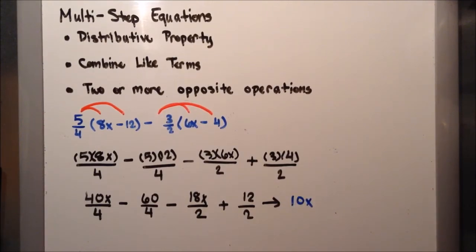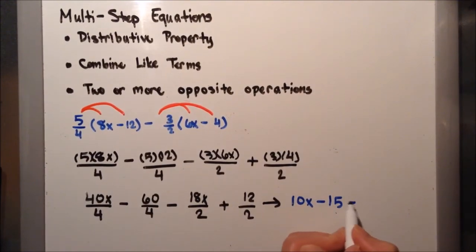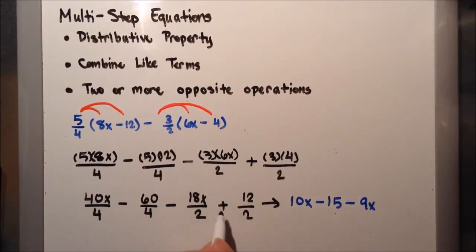Then here, 60 divided by 4, yeah, 4 can definitely go into 60. So 60 divided by 4 is 15. Then we have minus 18x divided by 2. Yes, we can simplify that. That's going to be 9x. Then positive 12 divided by 2. Yes, we can simplify that to positive 6.